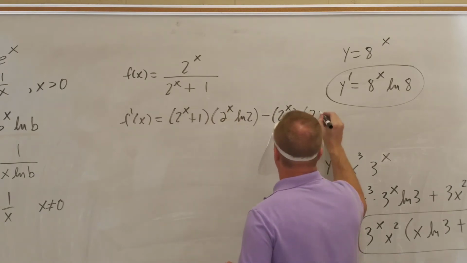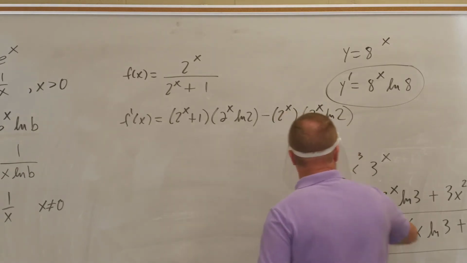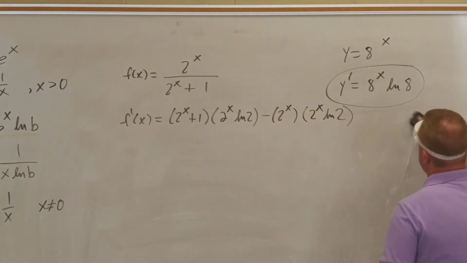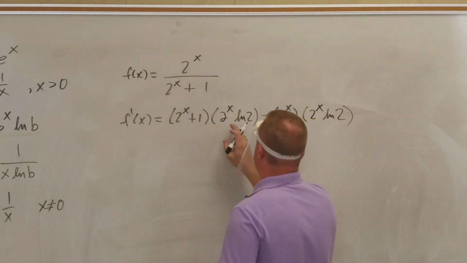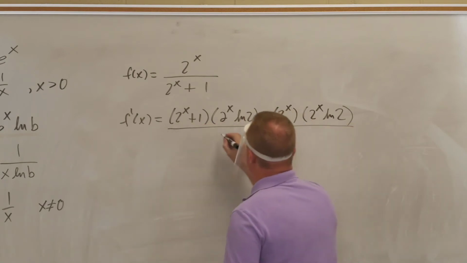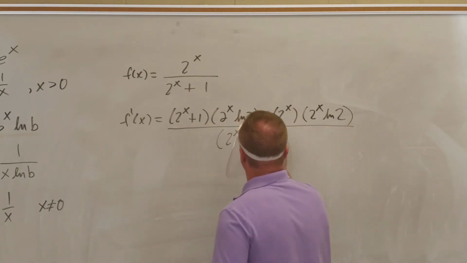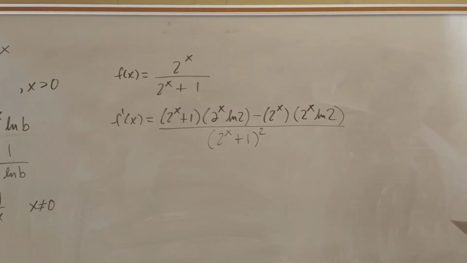So 2 to the x ln 2. All right, any questions? I haven't done the bottom yet. So that's bottom times derivative of the top minus top times derivative of the bottom over the bottom squared. Okay. Questions about that?